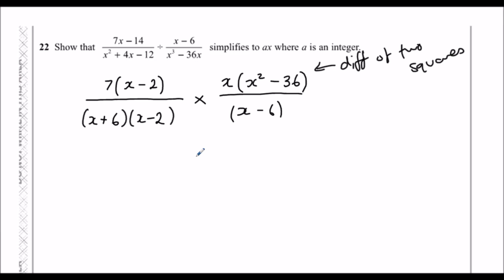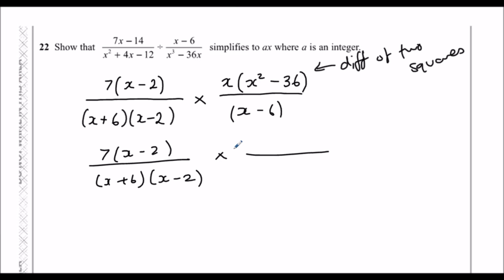Let's do the cancelling. No, we won't. Let's finish factorizing first. So 7 times (x minus 2) over (x plus 6) times (x minus 2), times x times (x plus 6) times (x minus 6) over 6. So we're timesing fractions.